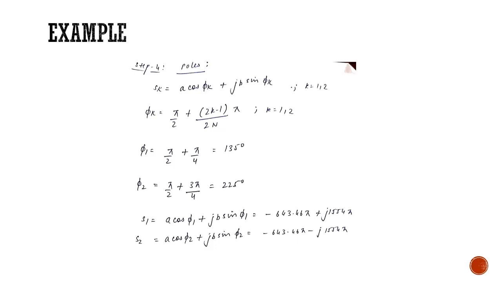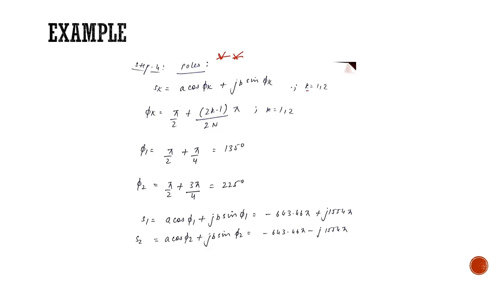Step 4, one of the more essential steps. I mean, all steps are pretty essential, but because this helps us get the denominator of the transfer function, I guess I called it more essential than the other steps, is the poles. The poles of the filter are given by sk is equal to a cos phi k plus jb sin phi k.